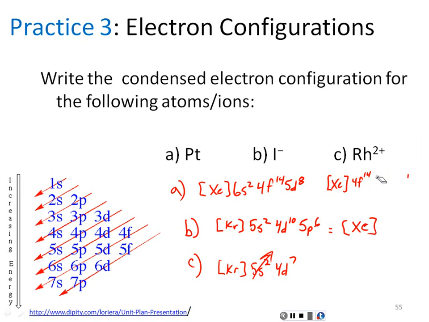Sorry, that's probably confusing. I'll write that 6s1 5d9. And why is it like that? Well, if you think back to that orbital energy diagram, as you get higher and higher in principal quantum number, those orbitals get closer and closer in energy.